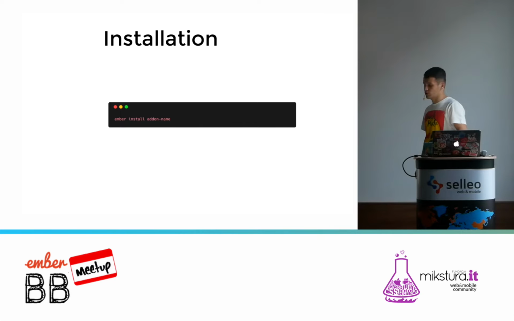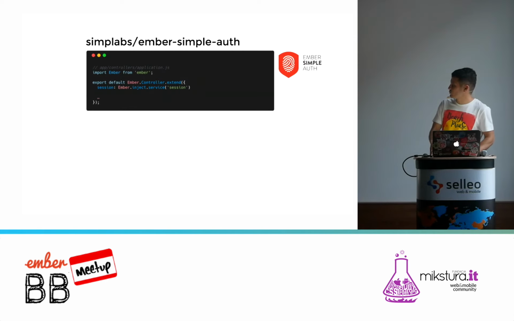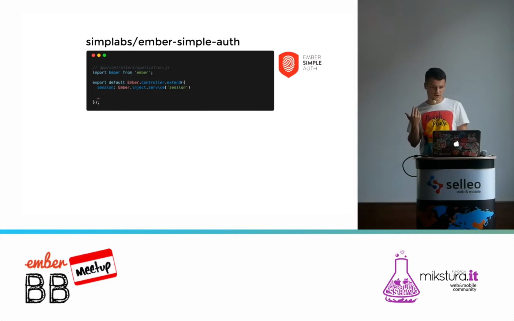And from now on, I will focus on a few examples of add-ons that all of you should know about, and those are the stuff that most of us use every day on every project. So let's move on. Simple Auth is a very easy solution if you would just like to have authentication in your app.